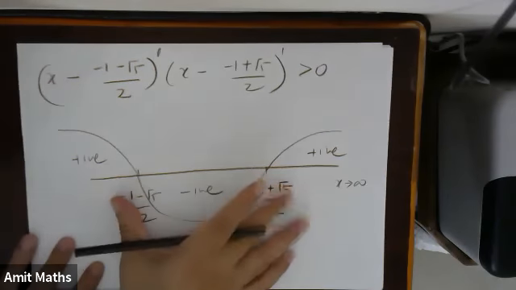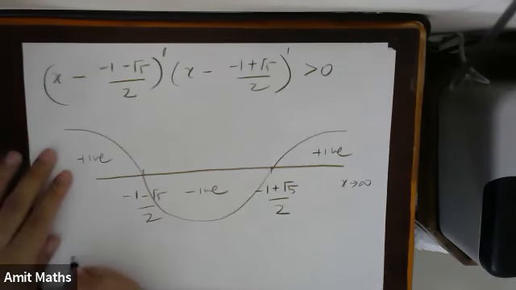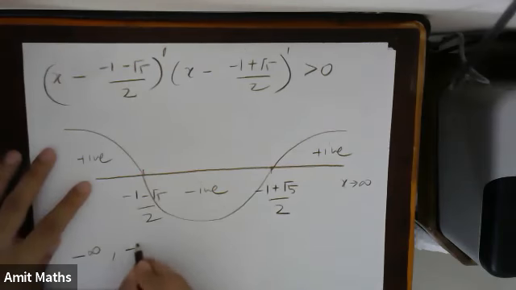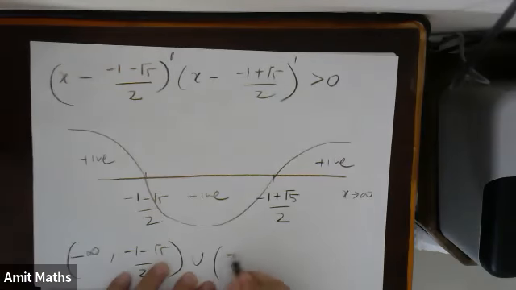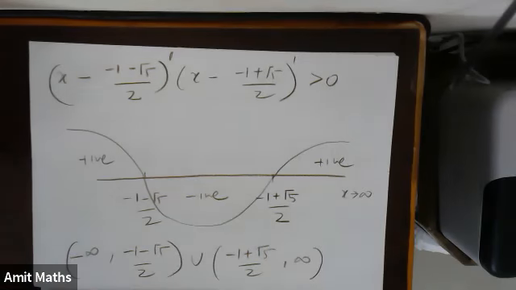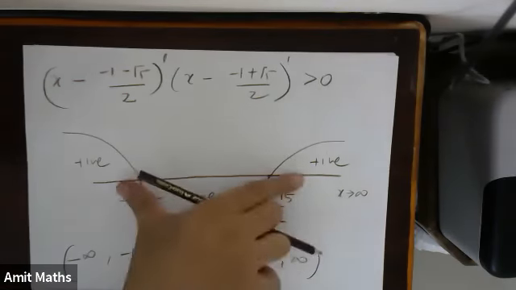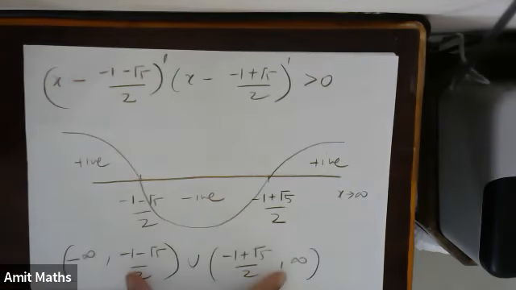From this wavy curve, the answer I got is minus infinity to (minus 1 minus root 5)/2, close bracket, union (minus 1 plus root 5)/2, comma, infinity. This is the solution I am getting from this. Understood? So I'll write it on a fresh page.